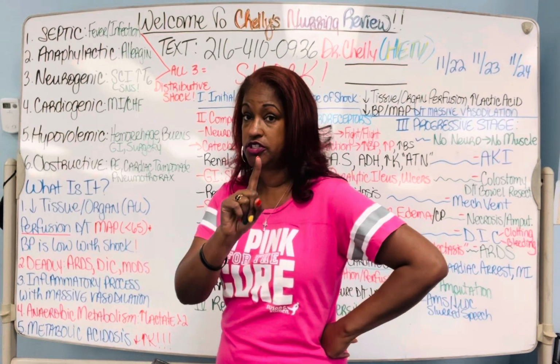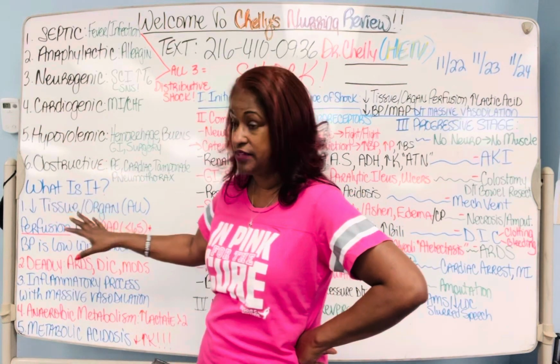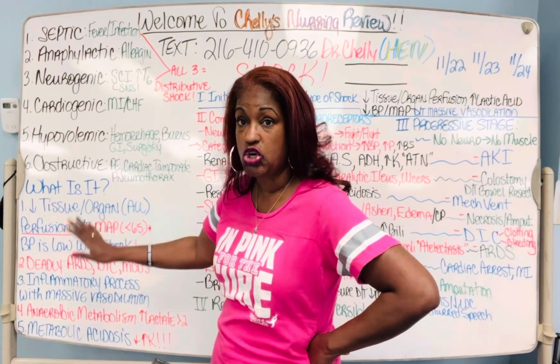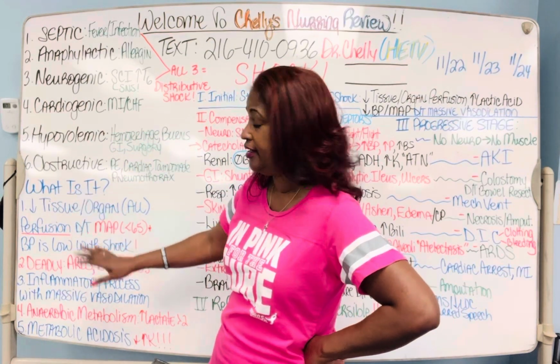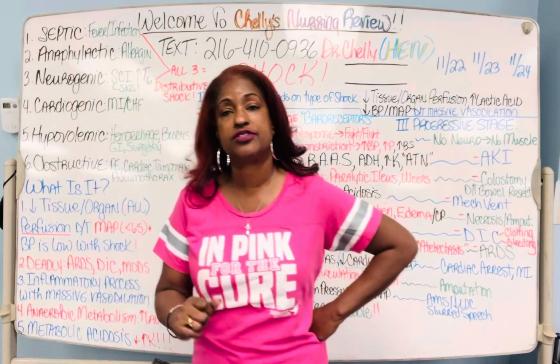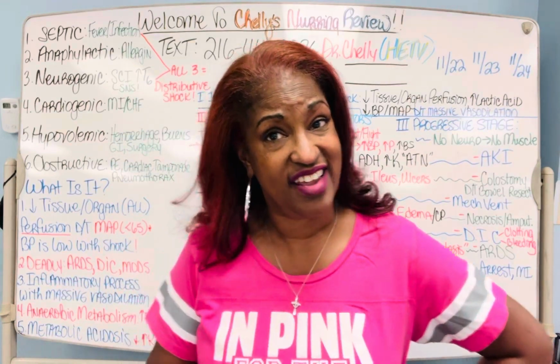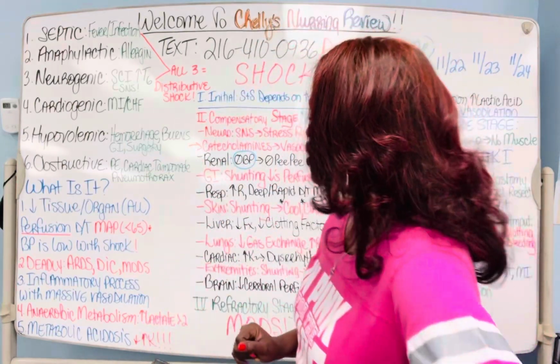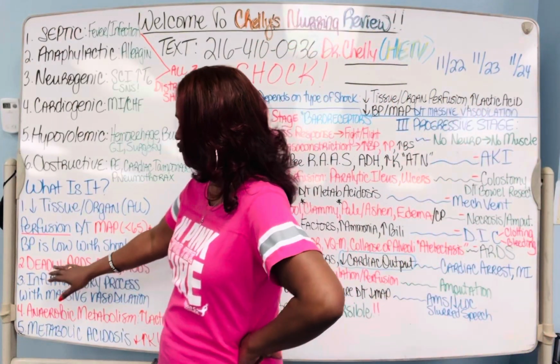Now that's our first issue because we're saying, what is it? Well, that's it. That's the primary issue. You have a decrease in circulation of blood to everything. Now, the next thing you must know about shock, this is deadly, y'all. You could die. So what do you usually die from?